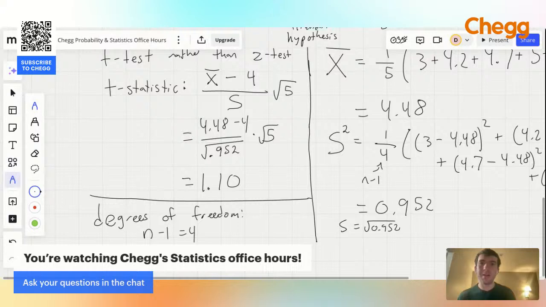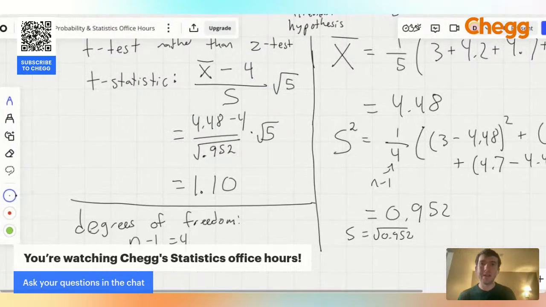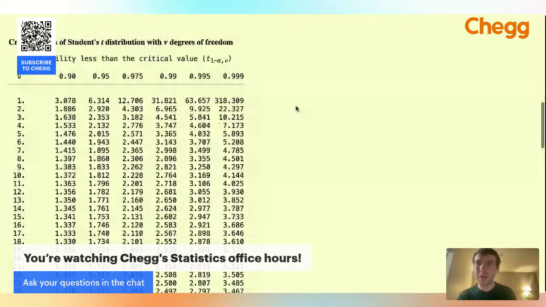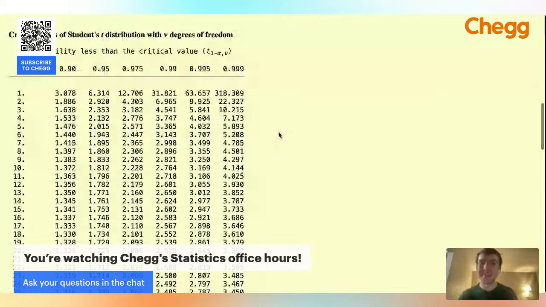So maybe I can share this t-value table. We can look this up, or it's in a textbook, or use your calculator. On the left is the degrees of freedom, so we go to 4, because n minus 1 is 4.